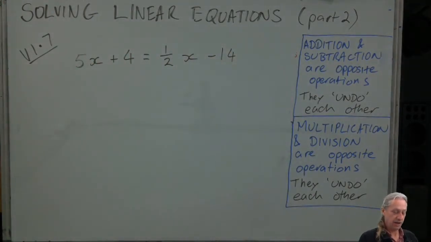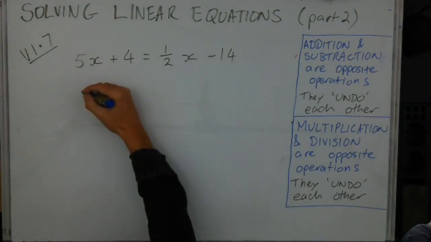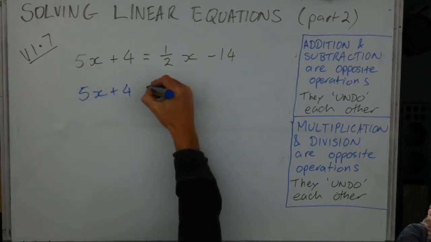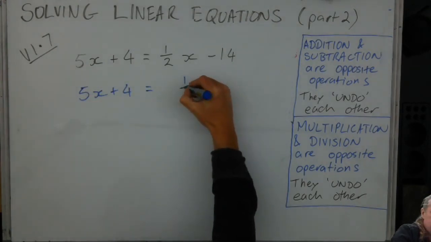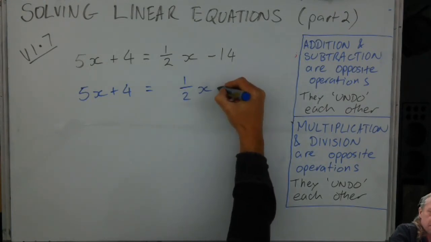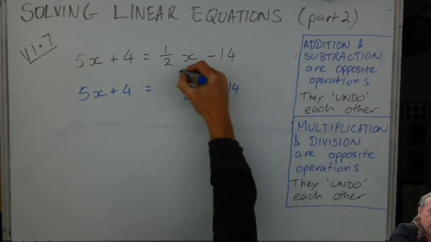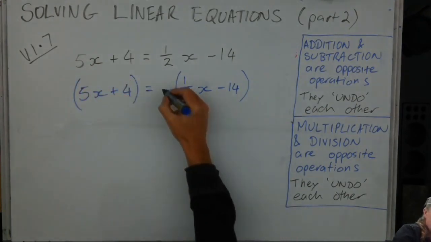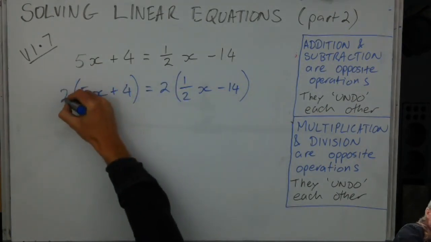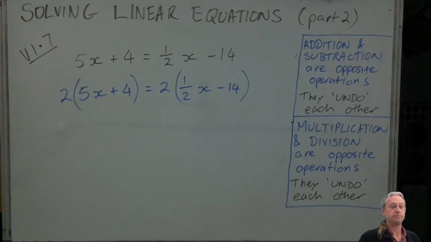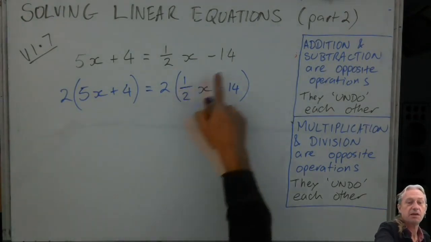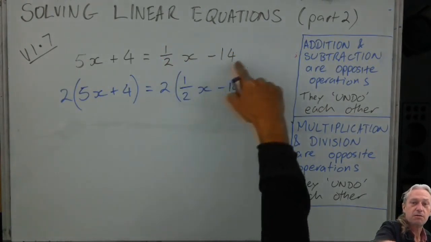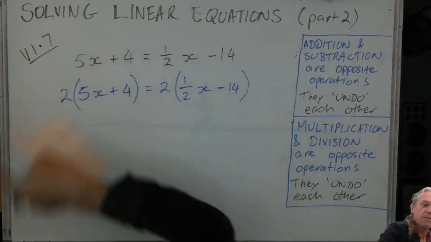So I'm going to write it out again. Let's just write it underneath. Equals, I'll leave a little space. Now I'm going to put brackets around both of that and multiply both sides by 2. So I'm taking all of that multiplied by 2 and all of that multiplied by 2.